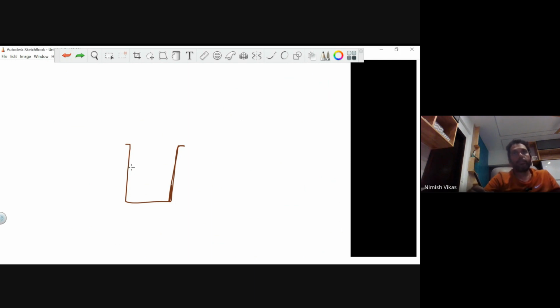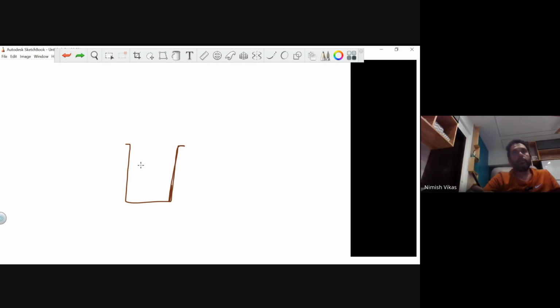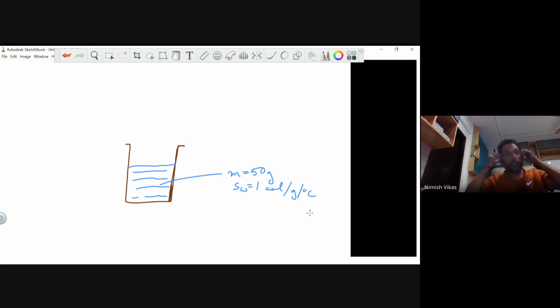Say the mass of water is equal to say 50 grams. Specific heat capacity of water is 1 calorie per gram per degree Celsius. Okay, guys.